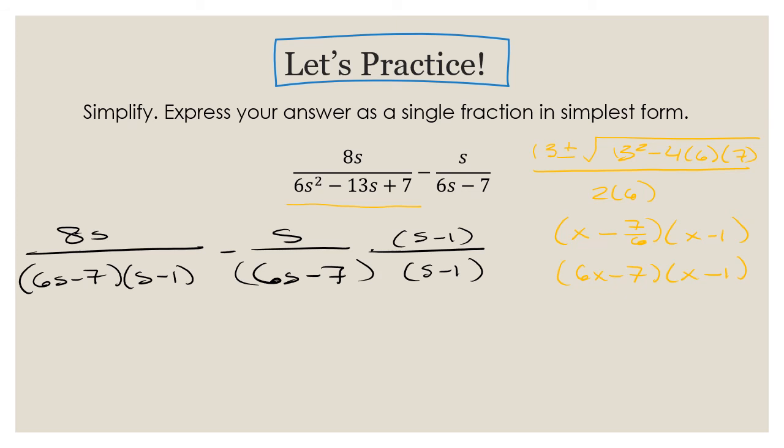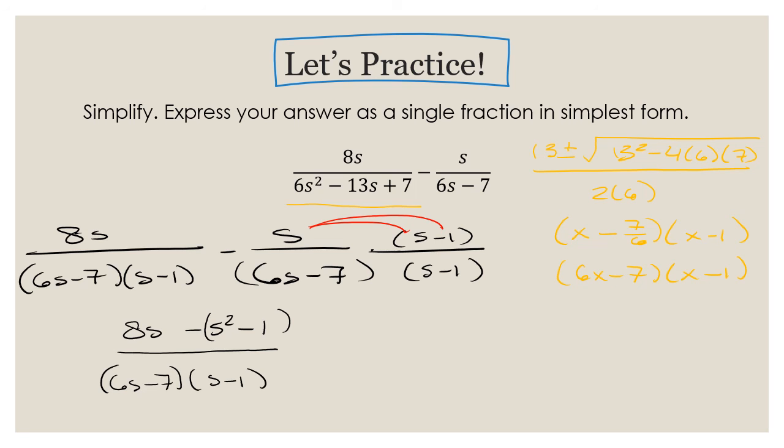Okay, so then I get 8s, and I'm going to combine these right away. s times s is s squared, and then s times negative 1 is minus s. So we got s squared minus s. And then all this is subtracted. And then on the denominator I'll have 6s minus 7 times s minus 1.